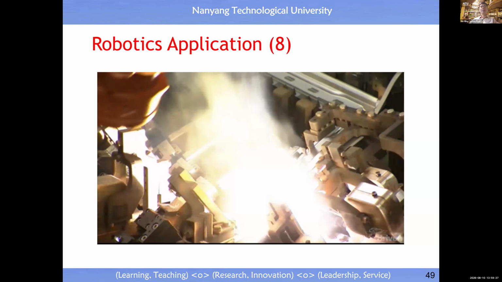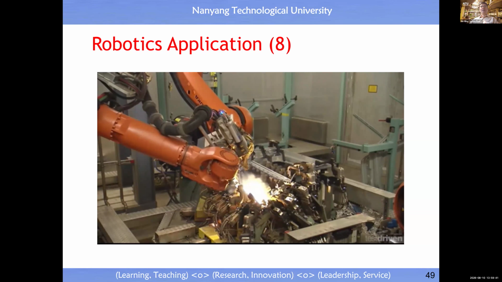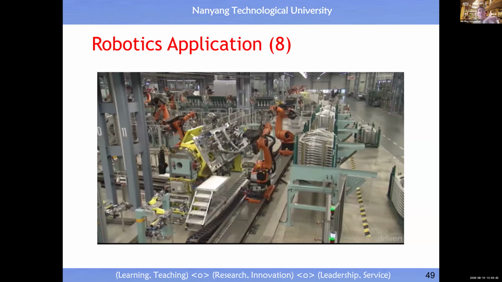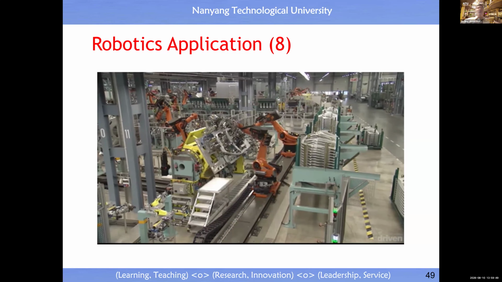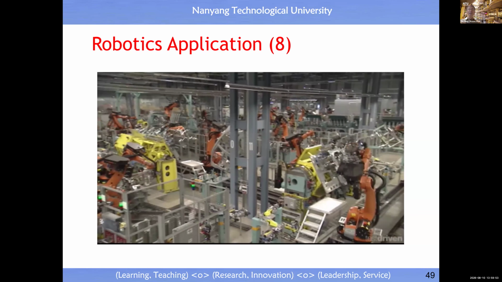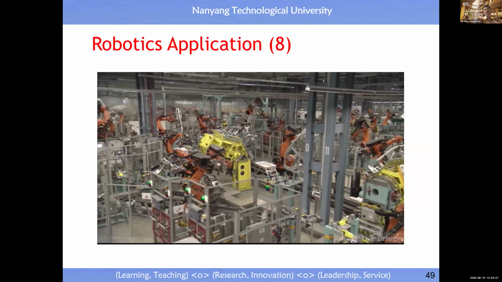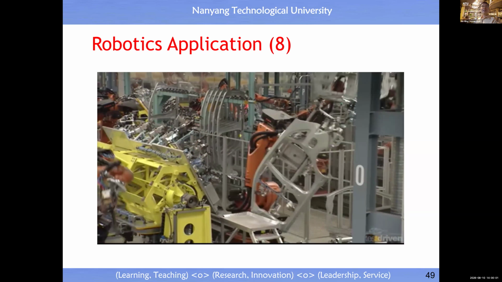The robots are doing welding. Almost no presence of human workers. So you have an idea about the amount of robots inside the factory. Okay, good enough.